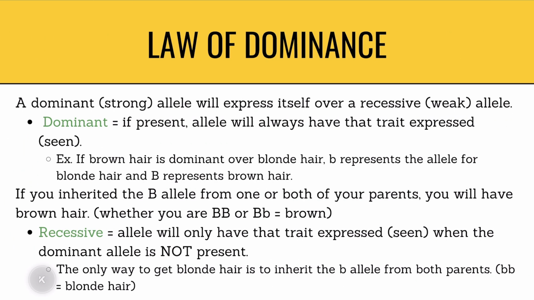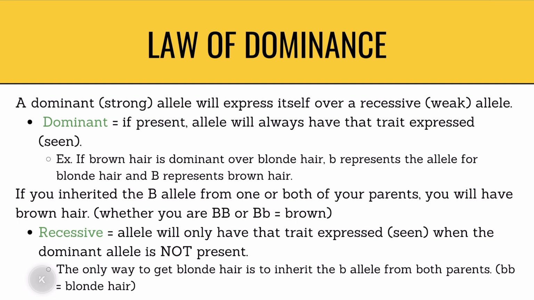So this leads to the law of dominance that Mendel came up with. And what that says is that a dominant allele will express itself over a recessive allele. So dominant means that if it's present, that allele will always have the trait expressed, which means that that is seen.